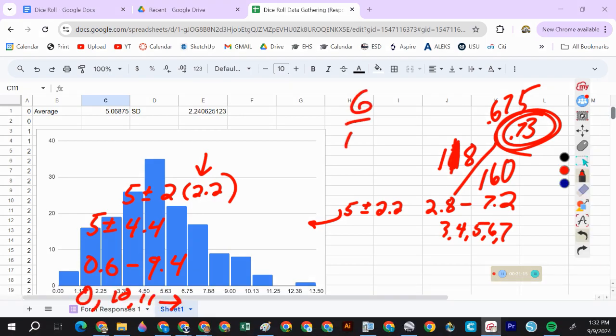So 6 out of 160 is 0.037. How many do we expect to be unusual? 5%. 2 standard deviations gives us 95 in the middle, so the edges would be 5. We expected 5% to be unusual. We got 4.